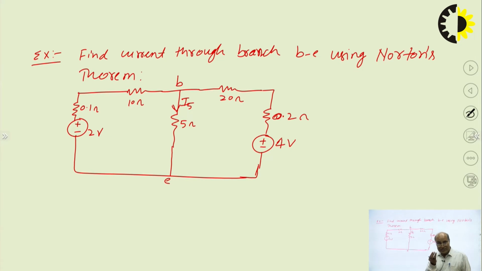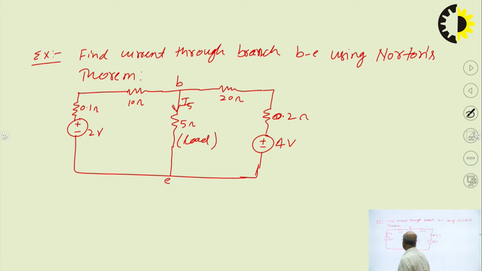The load is that branch in which we have to calculate the current or voltage. So this is our load, and the whole rest of the elements can be equivalent to a simple current source in parallel with an equivalent resistance.